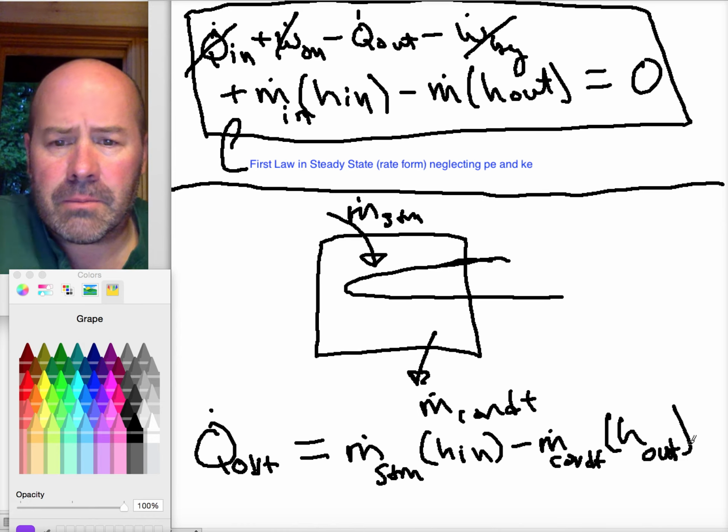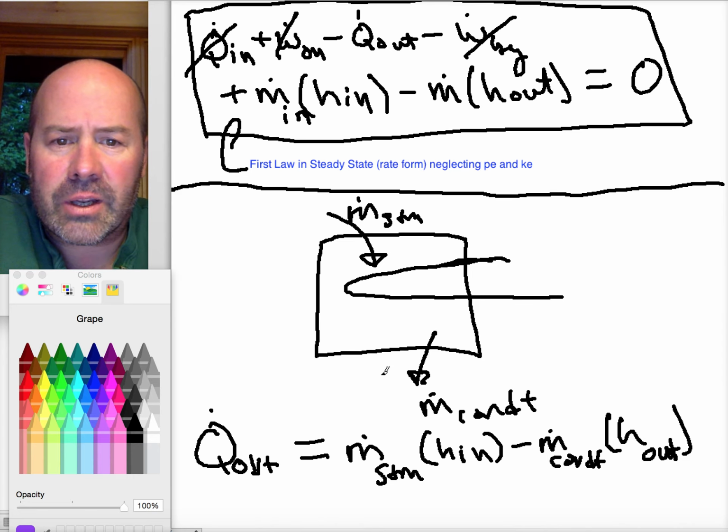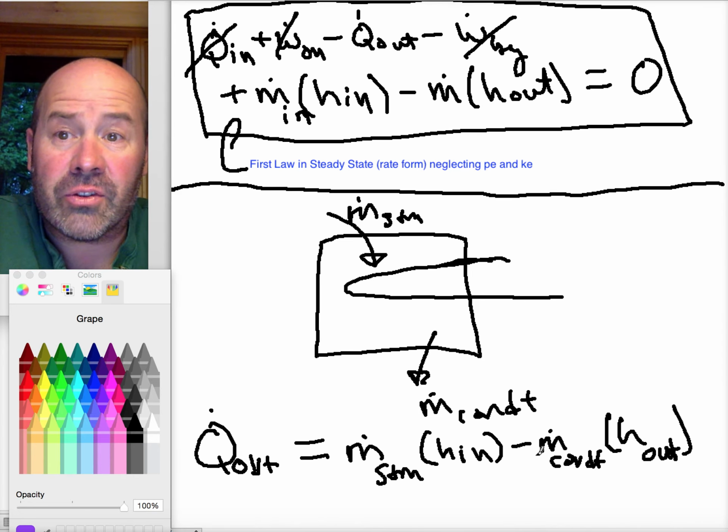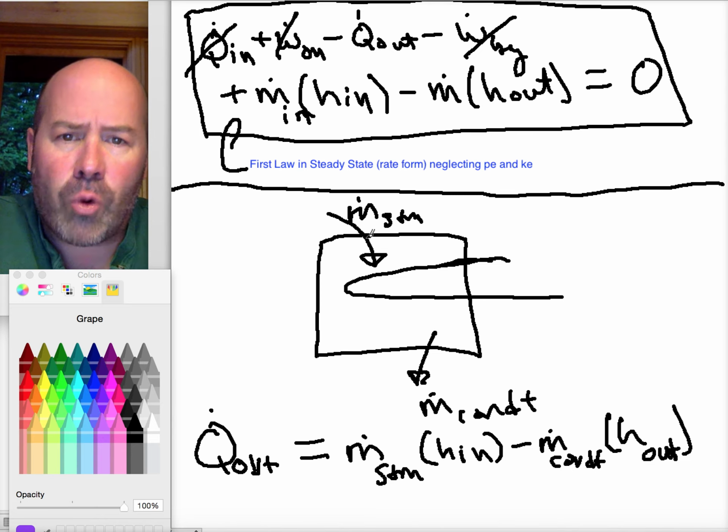And that's it. I've now been able to calculate the heat transfer by only knowing how much mass is flowing through the condenser, and these two will be the same number because it's in steady state, and how much the H is changing from before to after the condenser.